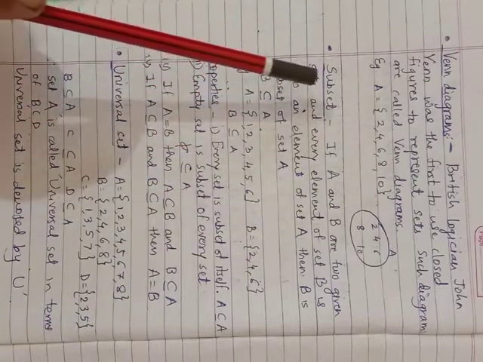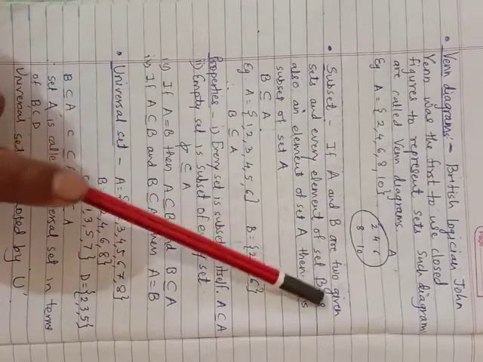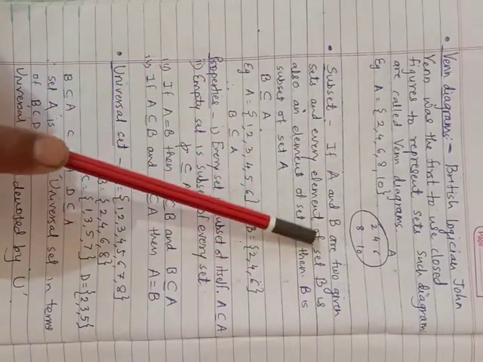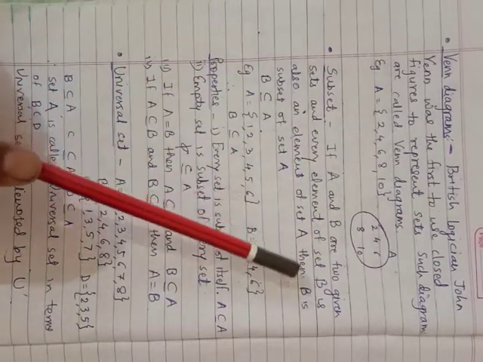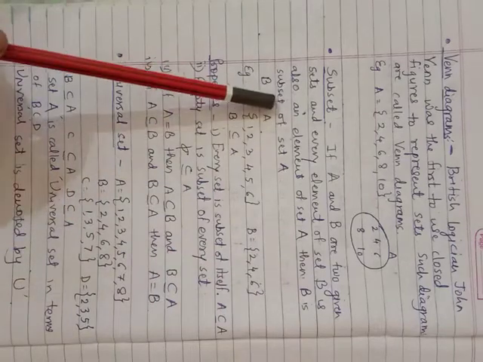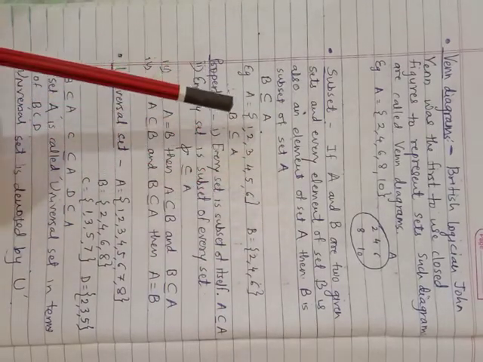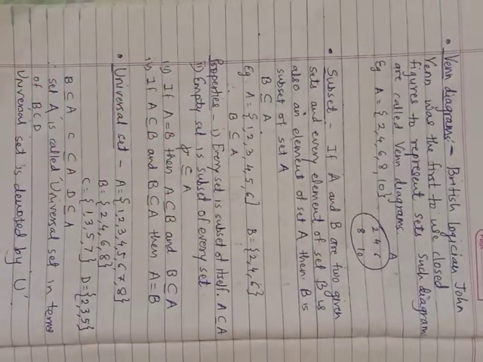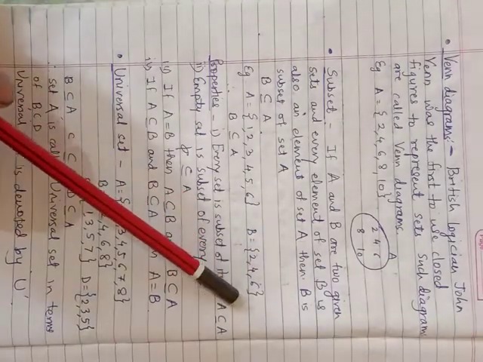Now the next topic is subset. If A and B are two given sets and every element of set B is also an element of set A, then B is a subset of A. It means if we take any two sets, suppose A and B, then in B the elements are 2, 4, 6.